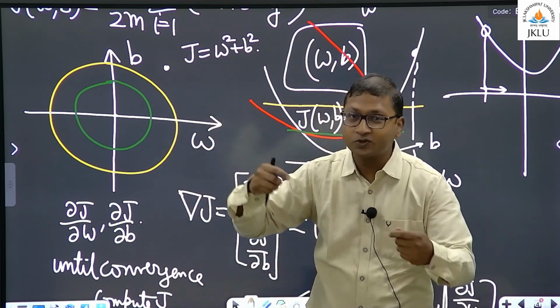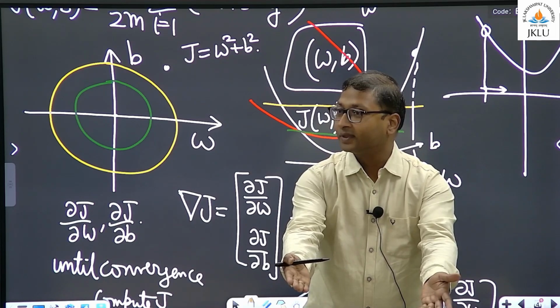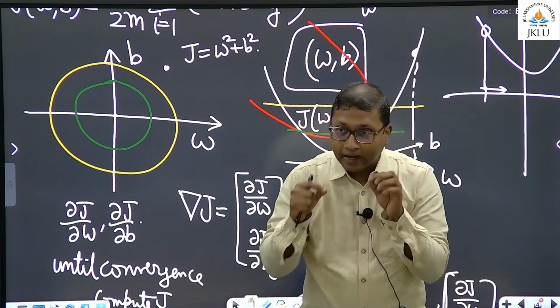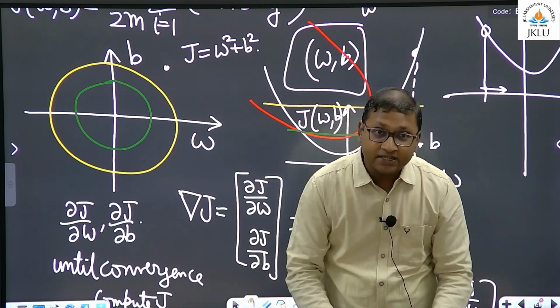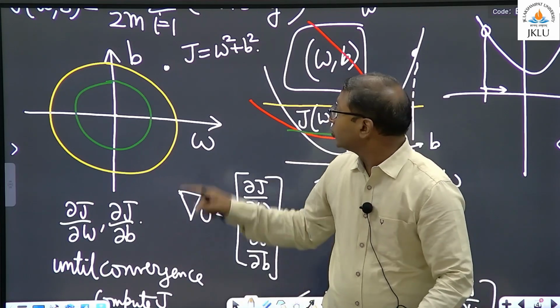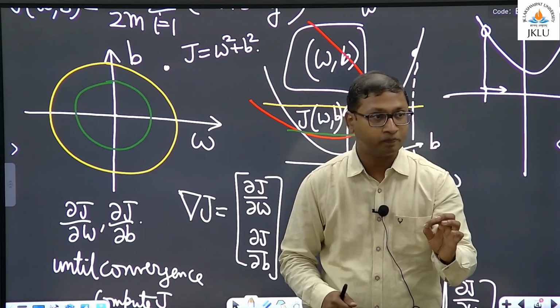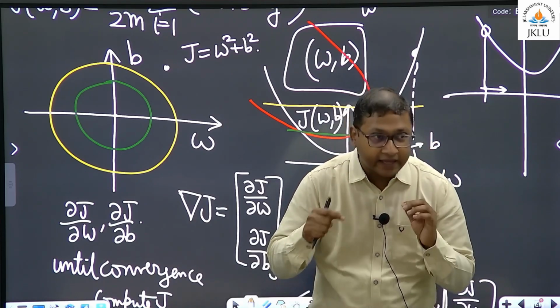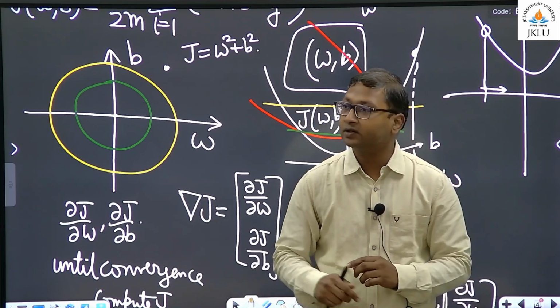W square plus B square equal to 2. Right? So I am here at 0, 0. On the same plane there is a circle whose equation is w square plus b square equal to 2. You take any point on this circle, the value of the cost function is 2.